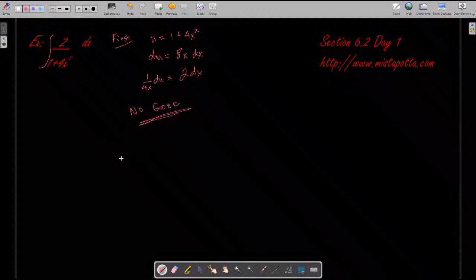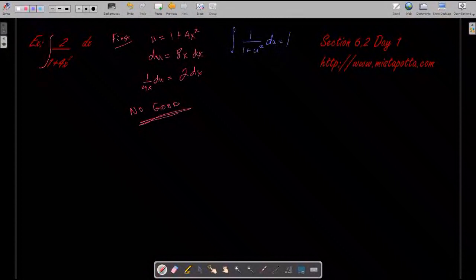And that's why I said usually we'll let the denominator be u. In this case, it doesn't, because I'm actually using a slightly different rule here. I know that if I was dealing with the integral of 1 over 1 plus u squared du, that would be tan inverse of u plus a constant.